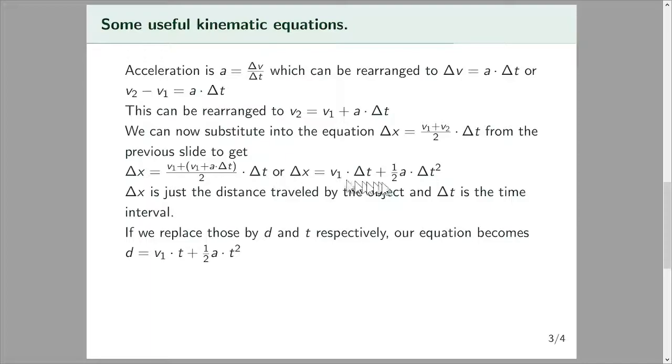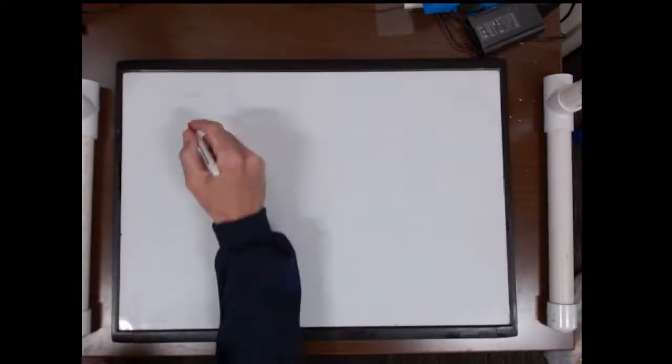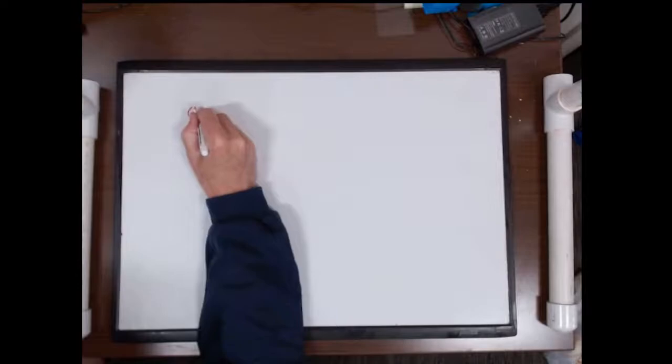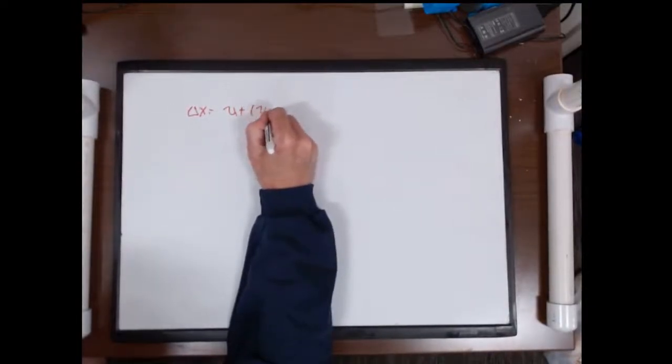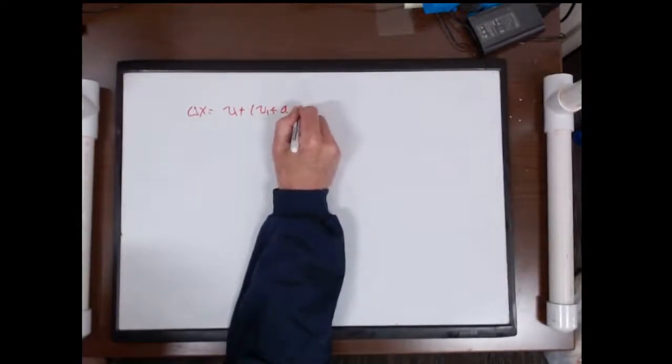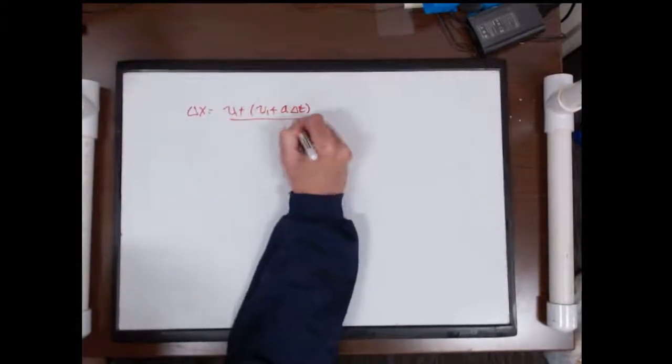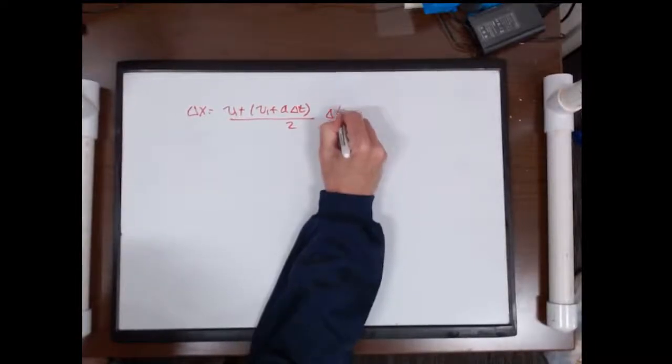Okay, this expression here is just an algebraic rearrangement. You can look at this expression here, and so let me just work this out on the blackboard for a second, and I'll just show you what we're doing. So if I write that expression, delta x is equal to v1 plus the acceleration times the change in time all over 2 times the change in time.